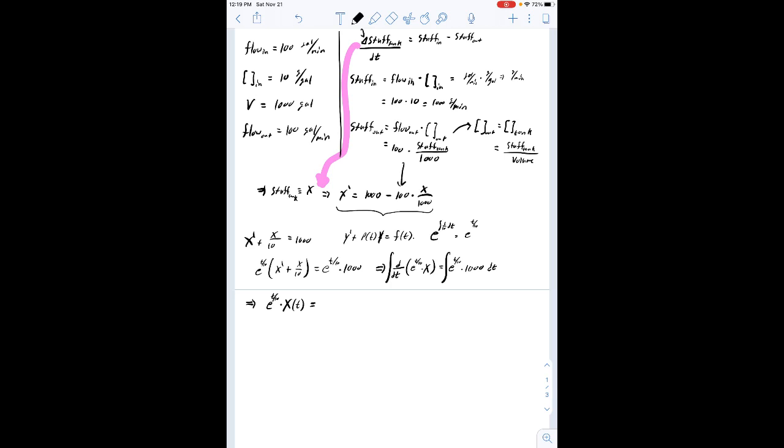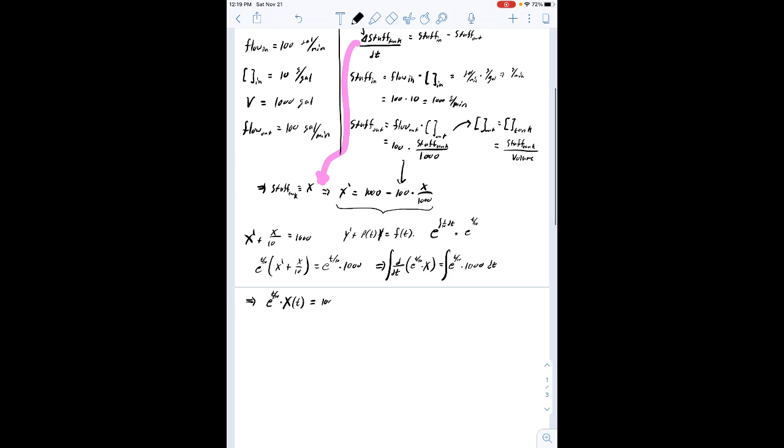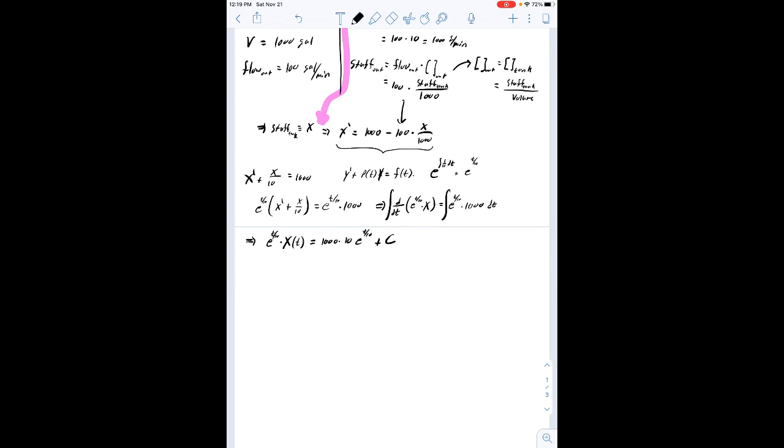So that's just going to be 1,000 times 10 e to the t over 10. And then since it's an indefinite integral, we always add a plus c. Okay, so now we can just divide over, so we get our x as a function of time is equal to 1,000 times 10 plus c all over e to the t over 10.